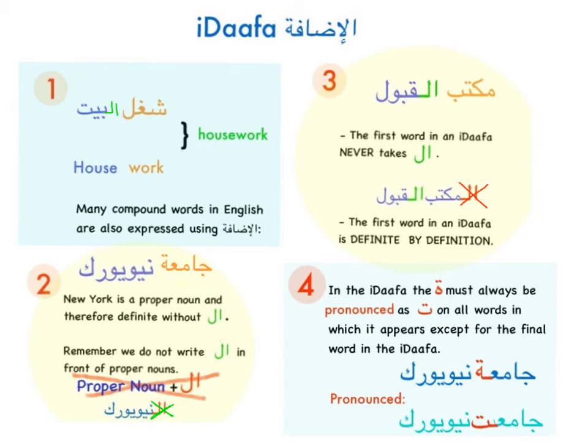We also saw that the first noun never takes alif lam, only the second one, because it's going to give definition to the first one. And also that if the first noun has ta marbuta at the end, you should always pronounce it as a regular ta, like جامعة New York.